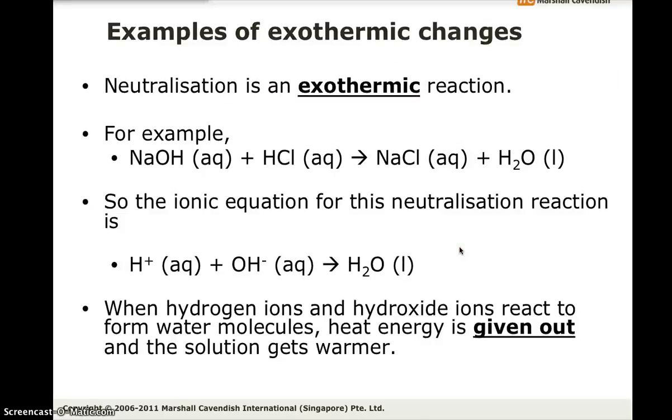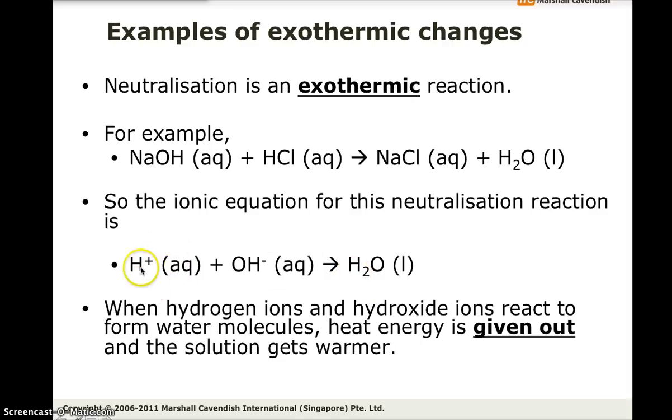Examples of exothermic changes. Neutralization is an exothermic reaction. For example, sodium hydroxide reacts with hydrochloric acid to give sodium chloride, which is a salt, and water. This is the chemical equation, and this is the ionic equation.